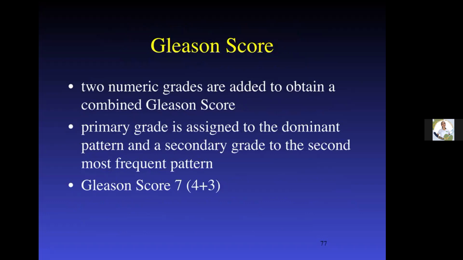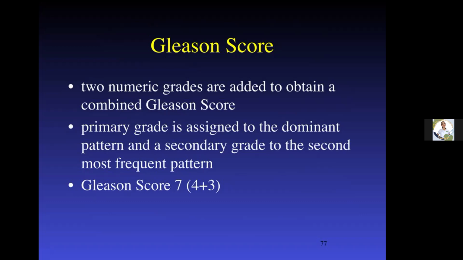Like if you look at the slides, and most of the patterns are grade 4, the secondary dominant pattern is 3. So your Gleason score is 7. Put in the parenthesis 4, which is the primary grade, the dominant pattern, and 3, the second dominant grade. So Gleason score 7, meaning 4 plus 3.